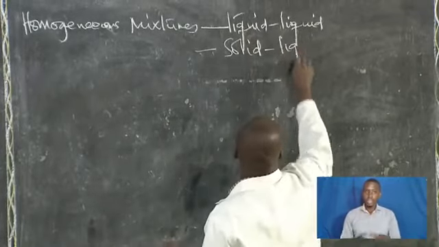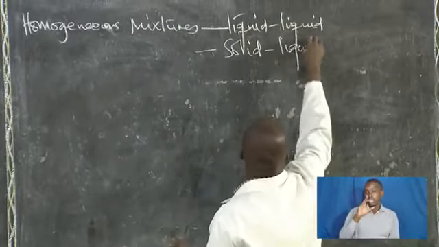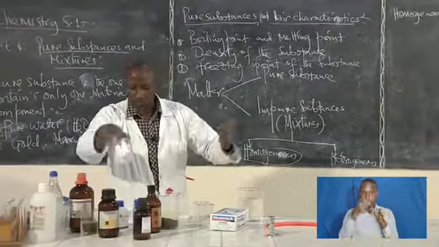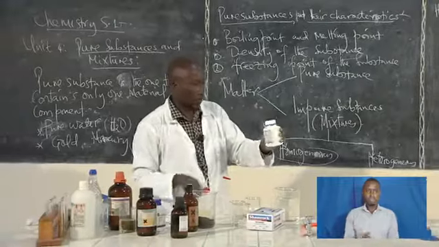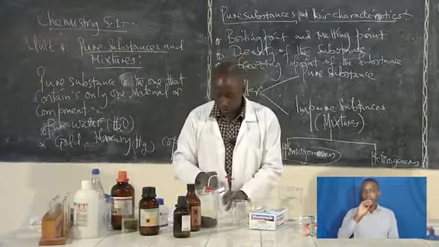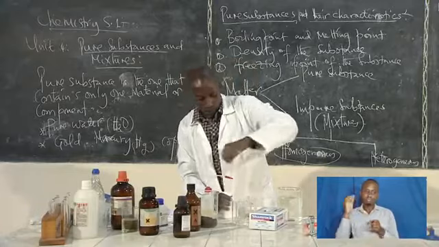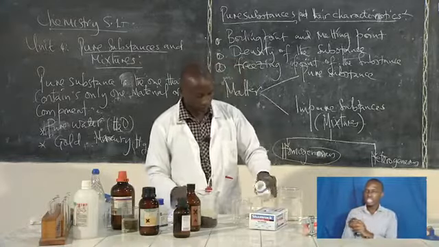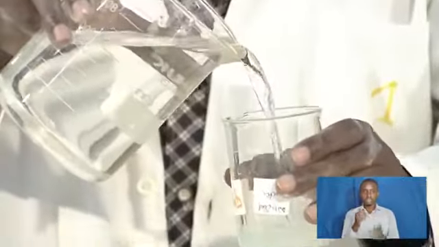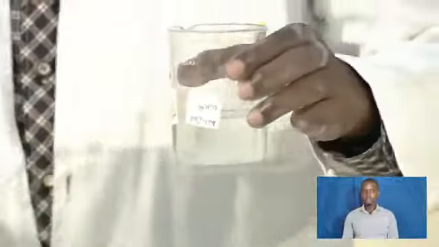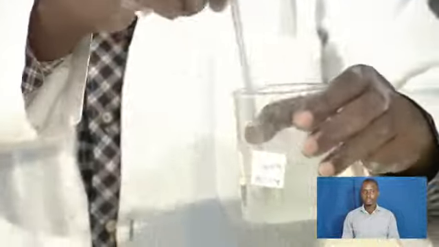either a solid liquid mixture. Let me just show you an example of that one, where we have a solid. For example, this is a compound of iron. I just want to dissolve it, just put it in water, I just put there some little water. So this is some compound. So I have to dissolve.